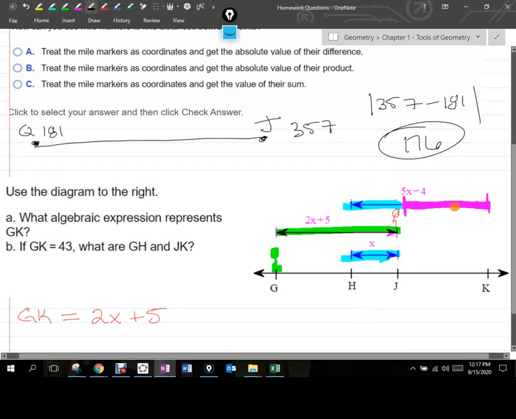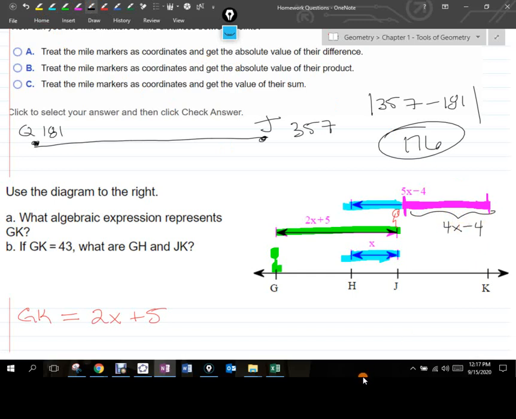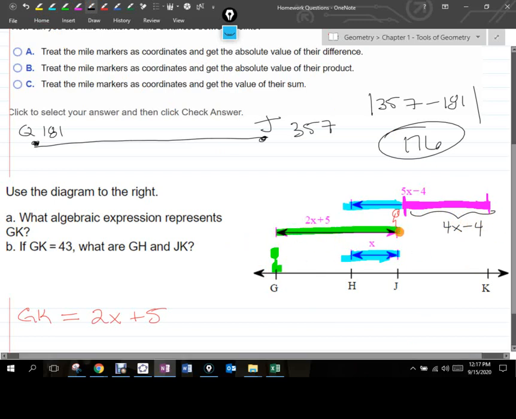So that right there is going to be 4x minus 4. Is that okay with everybody? So when I walk from G to K, we walk the green, but then we walk this 4x minus 4. So those are cumulative. We're going to add those together.